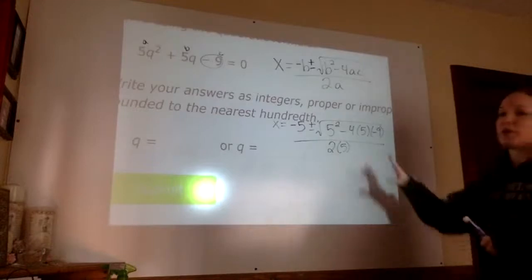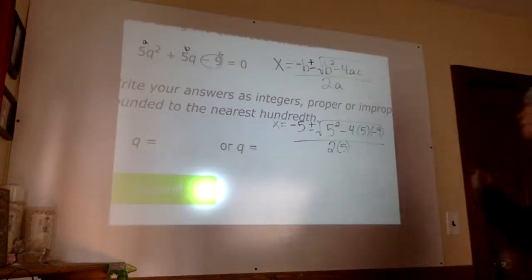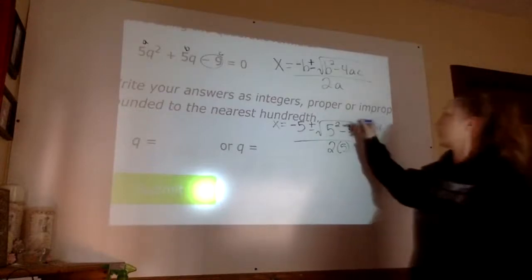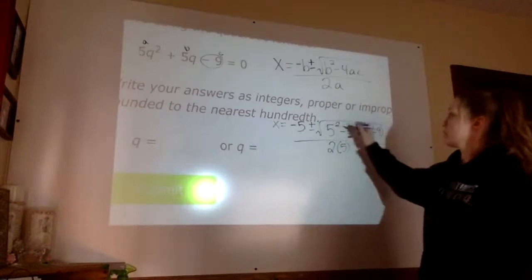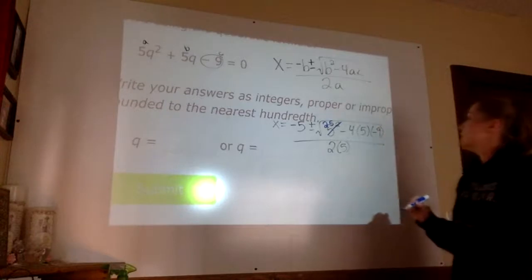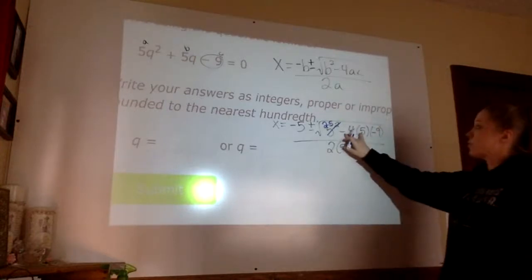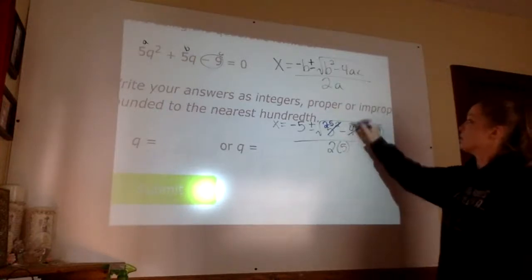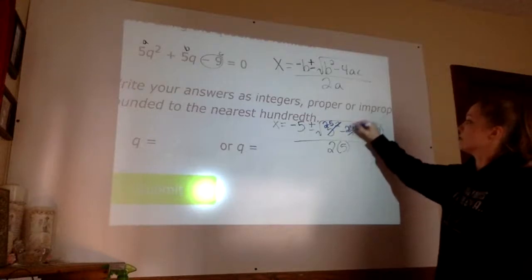All right, I'm going to keep going. I'm going to start simplifying. We've got right here, so I'm working inside the square root. So 5 squared is 25. And then I've got negative 4 times 5, which is going to be a negative 20.